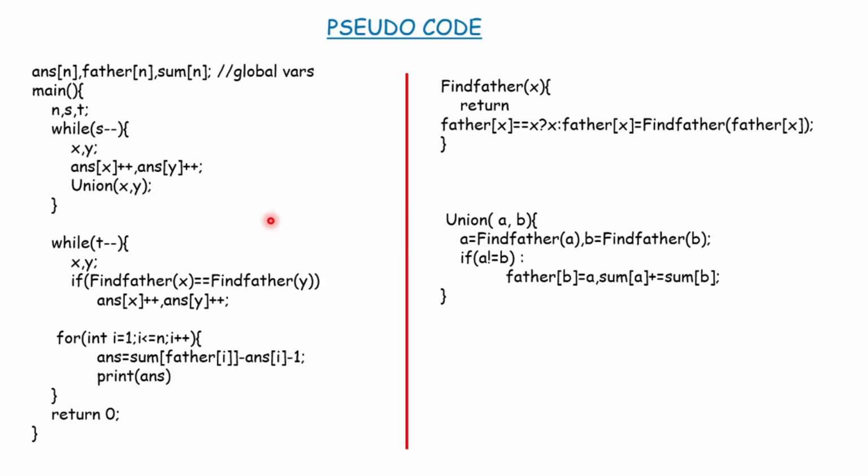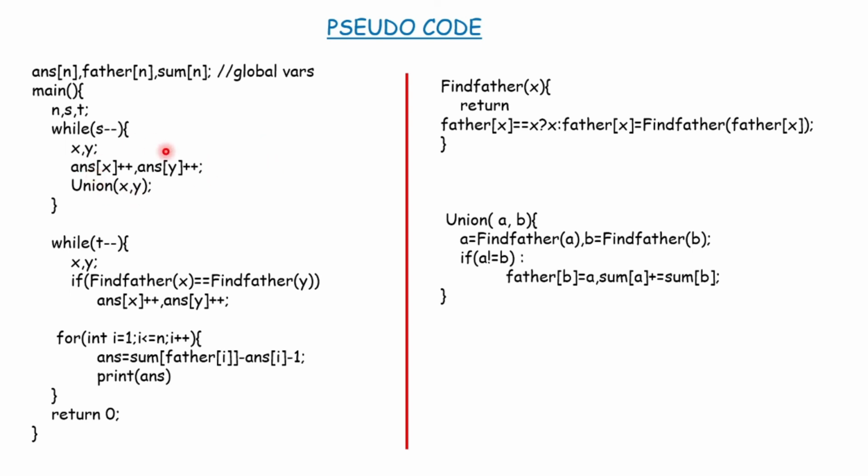So this is the pseudo code for the problem. First we initialize the global arrays. By initialize I mean to give them the initial values also. For example, answer of i equals 0, father of i equals i, and sum of i equals 1. Then we take the input of n, s, t. Now for the first S lines, we know the first S cases are for the friendship relationships.